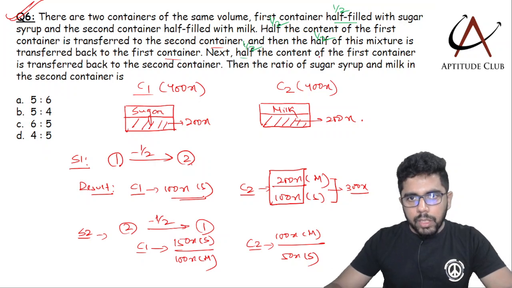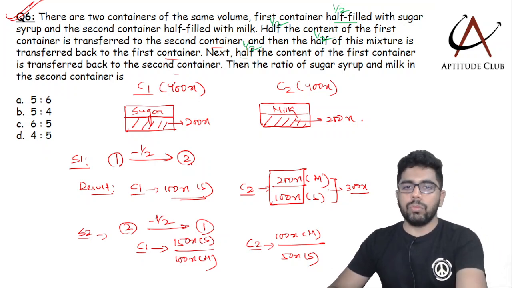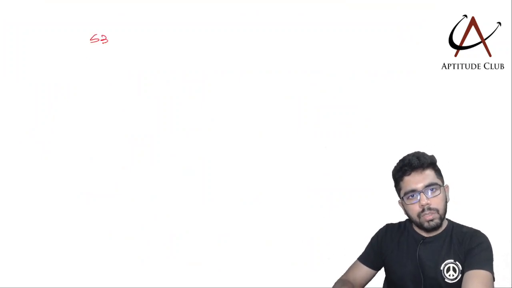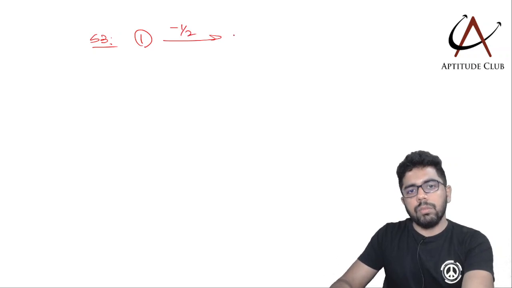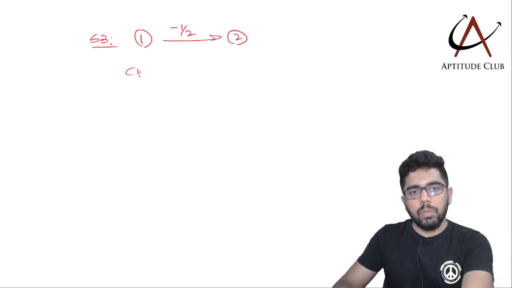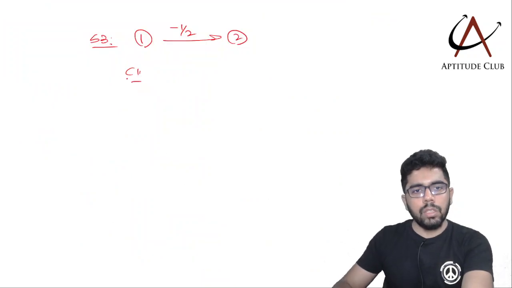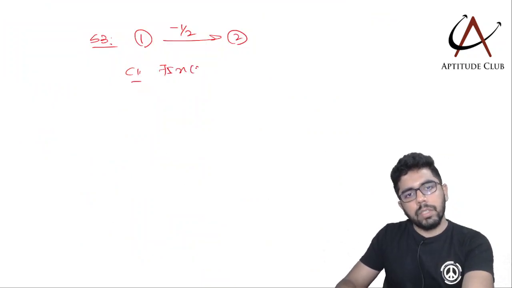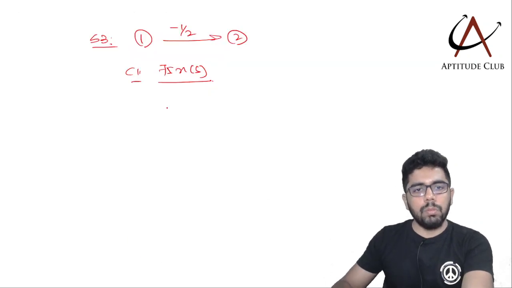Next, half the content from the first container is transferred back to the second. That's yet another step. So in step 3, again from 1, I am transferring half to container 2. So how much will be in container 1? This will be easy to write. Container 1 had 150x sugar, so it will now have 75x sugar, and 100x milk, so it will be 50x milk.